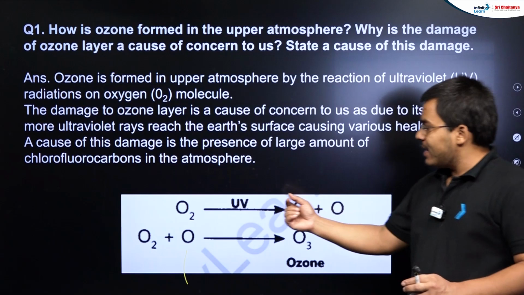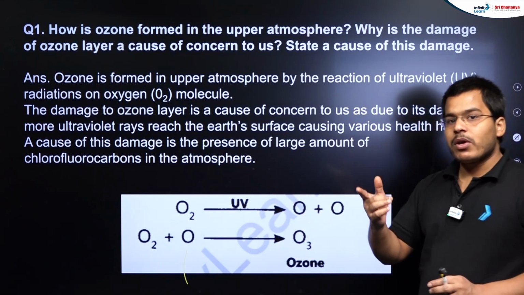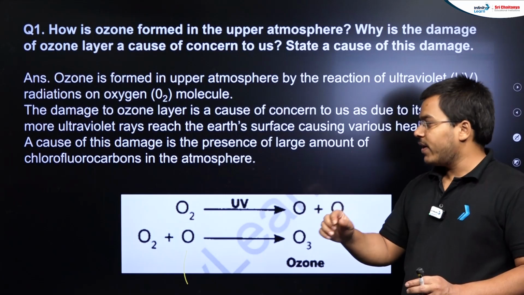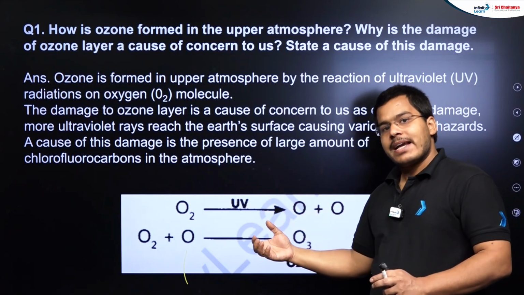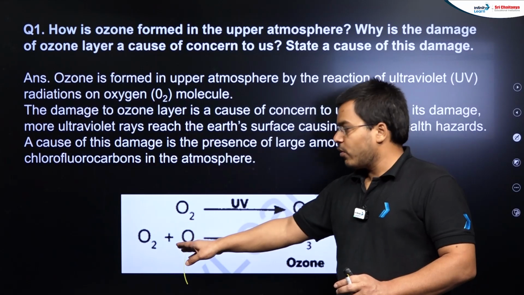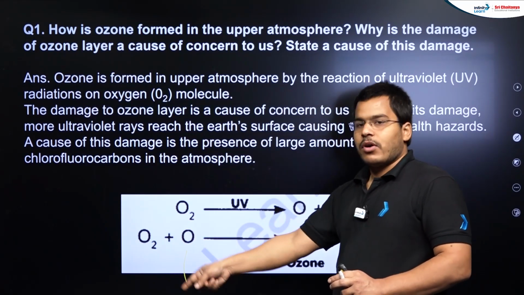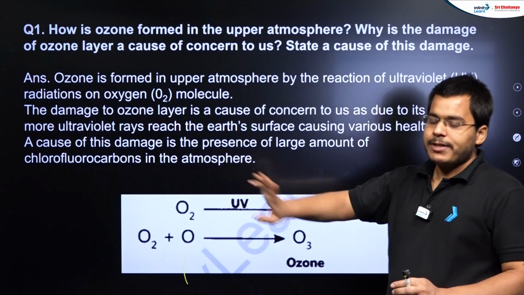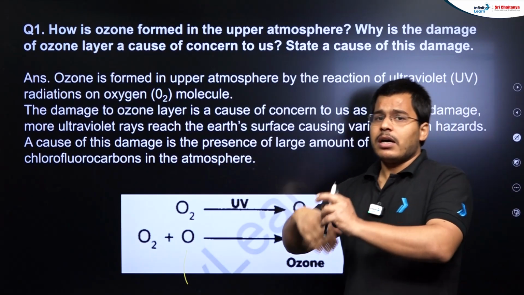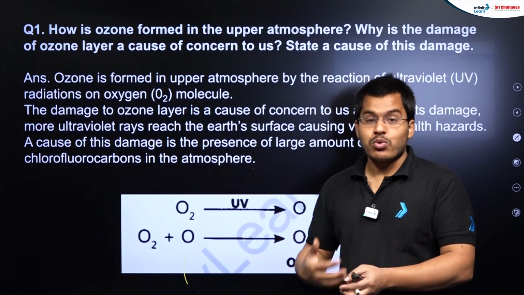Now when UV rays come, this ozone gas breaks, again forming O2 and O. In this way the UV rays are utilized at this place only. Then this oxygen atom again moves and joins with another oxygen molecule, and thereby ozone gas forms again.